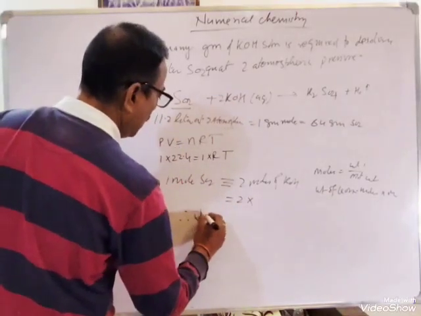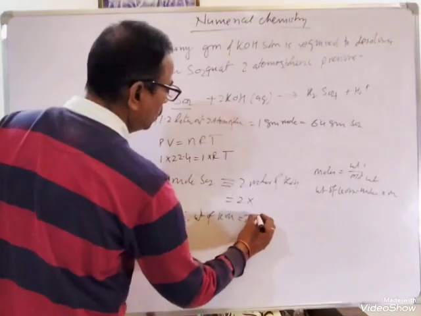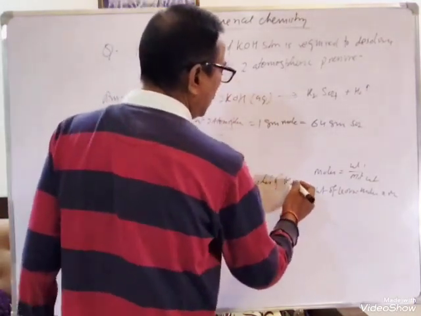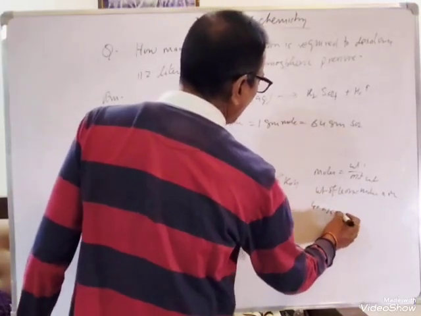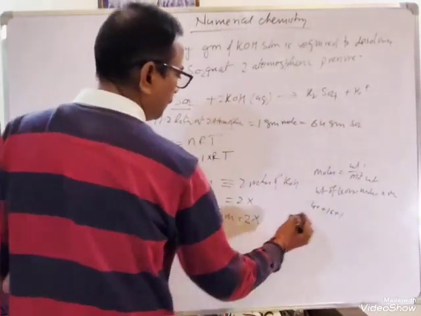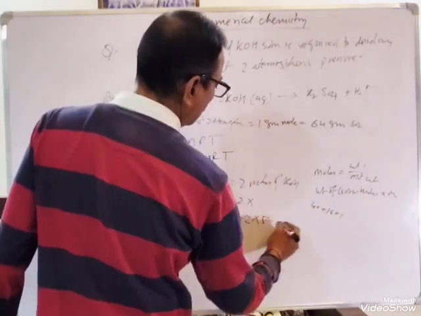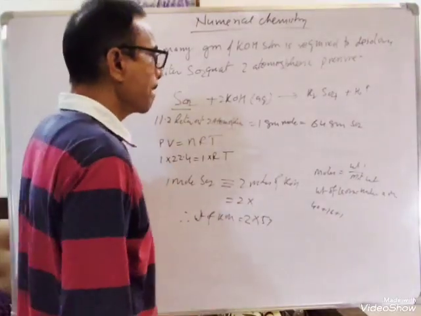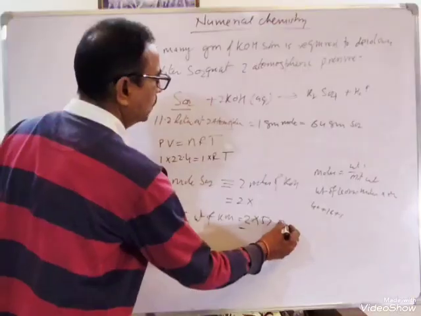Therefore, weight of KOH is 2 moles into the molecular weight of KOH, which is 39 plus 16 plus 1, that is 56. So this is the weight of KOH in grams.